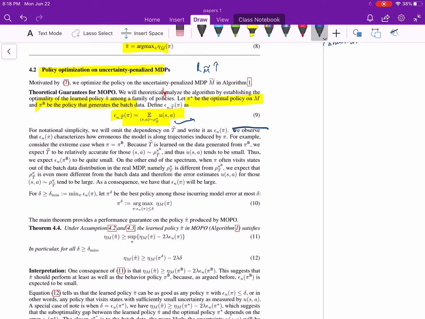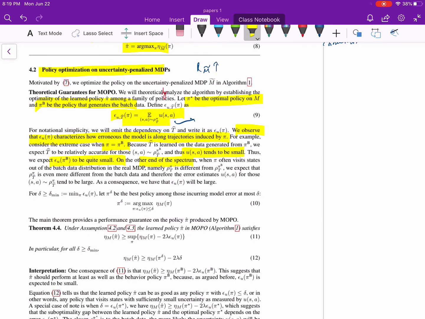So we observe that epsilon u of pi characterizes how far pi is from the batch data. When pi is equal to pi b, you expect the error to be very small. So u of sa is small, so you expect epsilon u to be small.